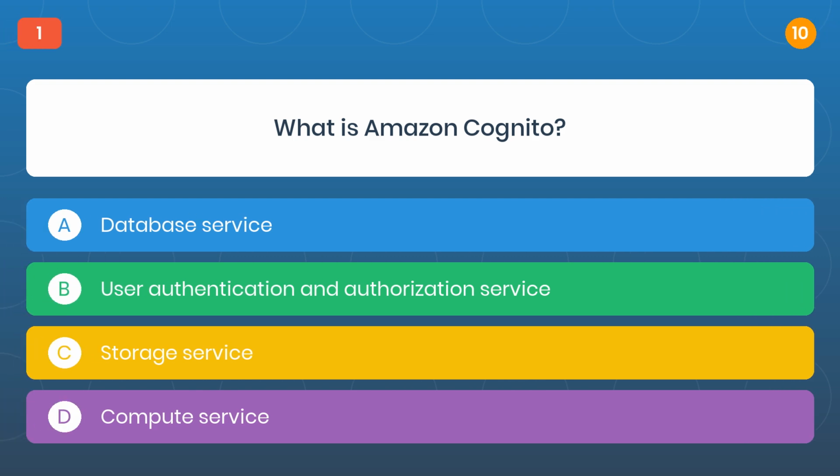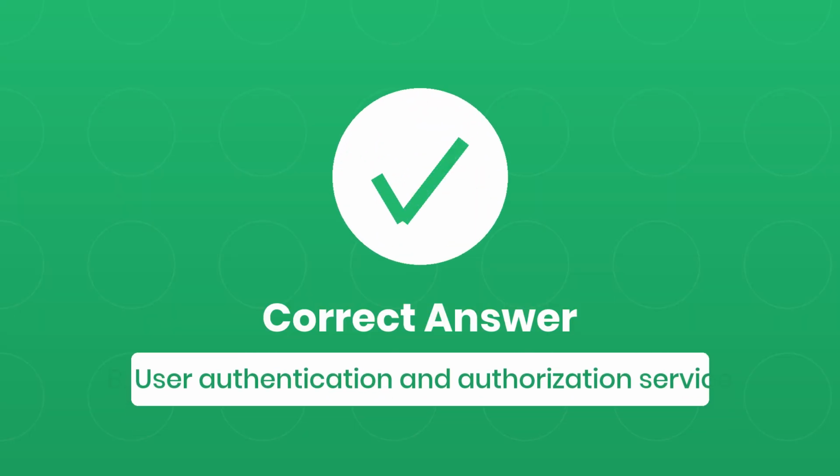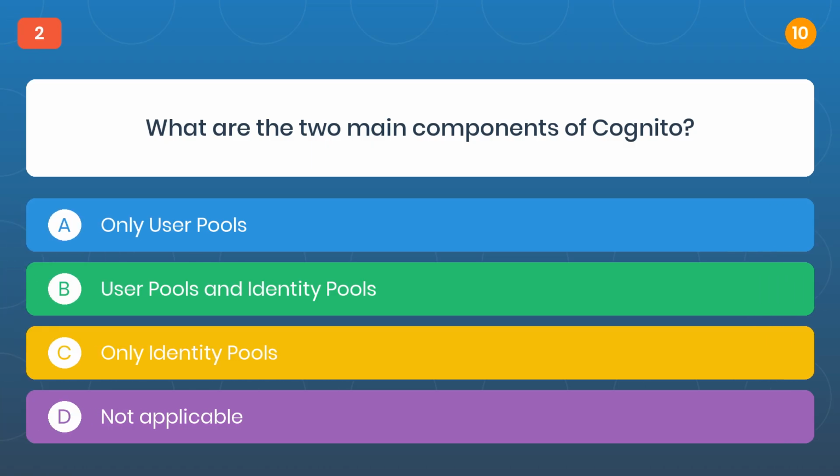Question 1. What is Amazon Cognito? The correct answer is B, User Authentication and Authorization Service. Question 2. What are the two main components of Cognito?